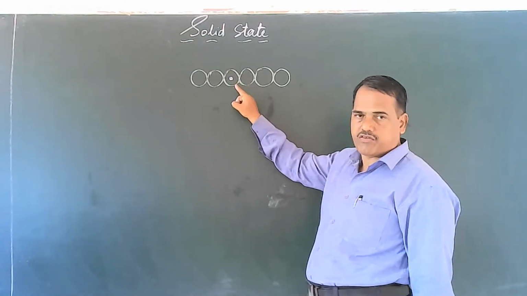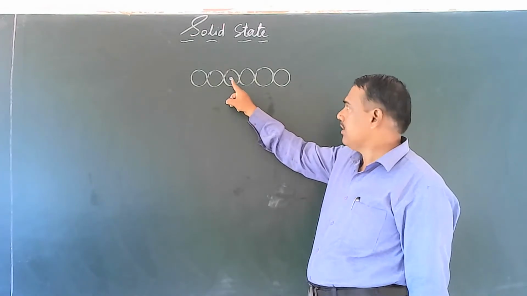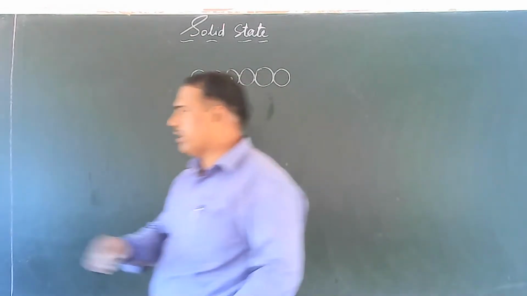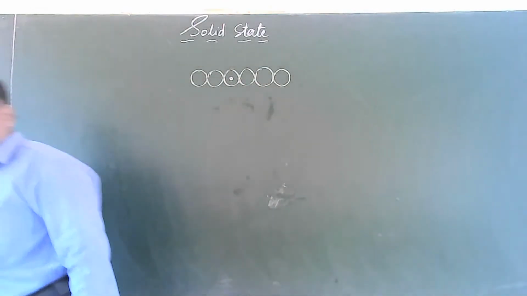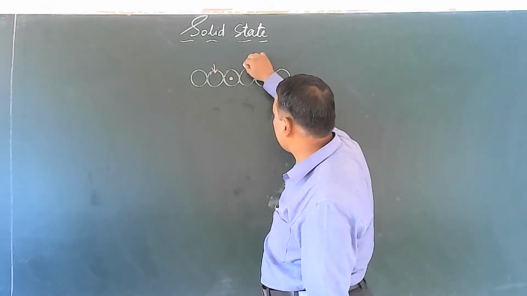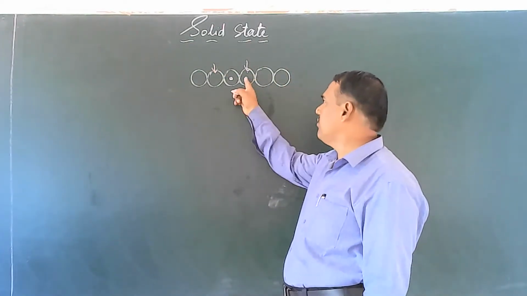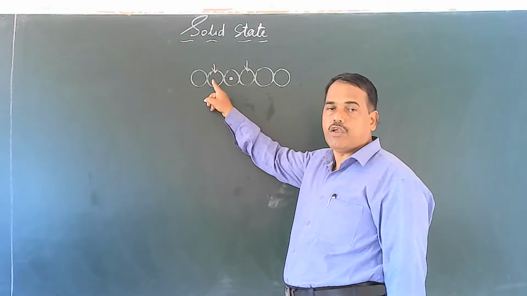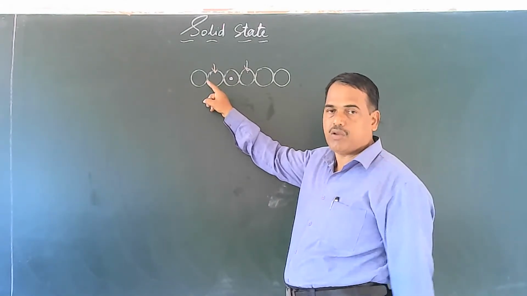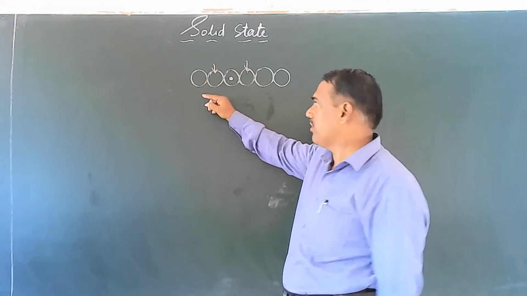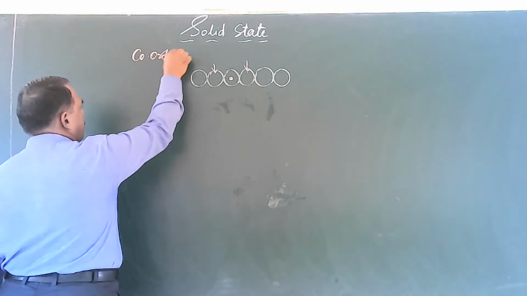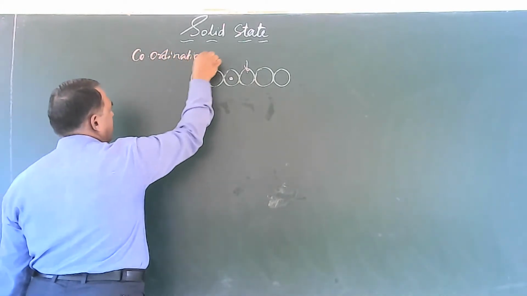What are its nearest neighbors? Its nearest neighbors are this one and this. So I can show it by color chart. See, this one is nearer and this is another. And this is called the coordination number. You have to remember another concept. Define coordination number.